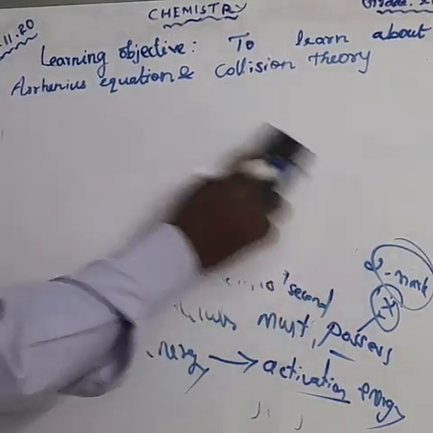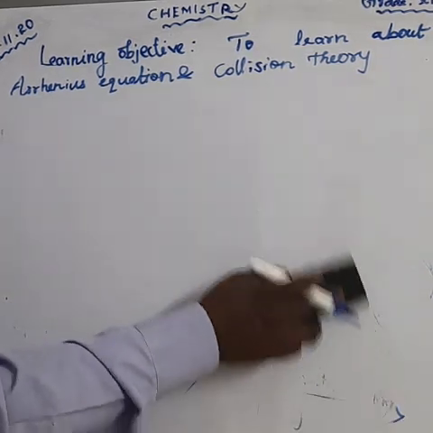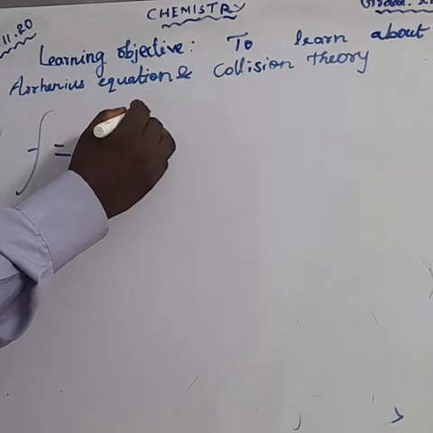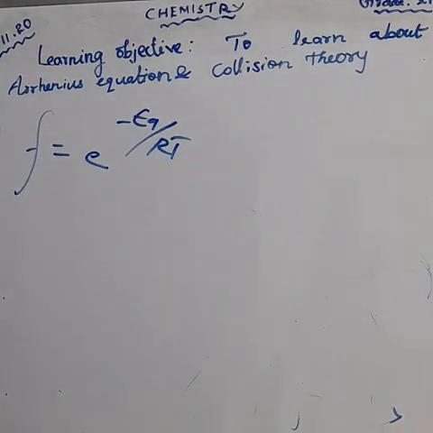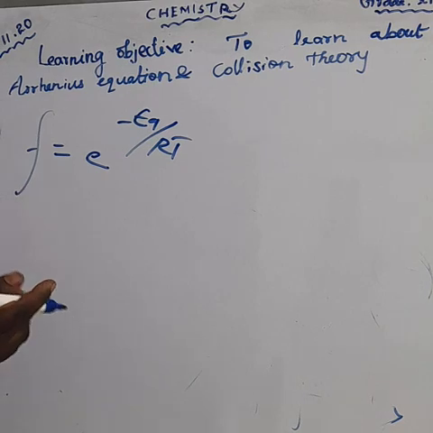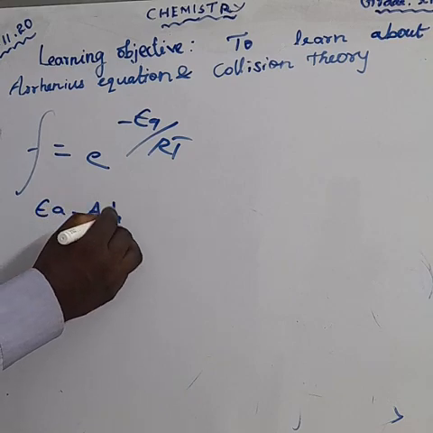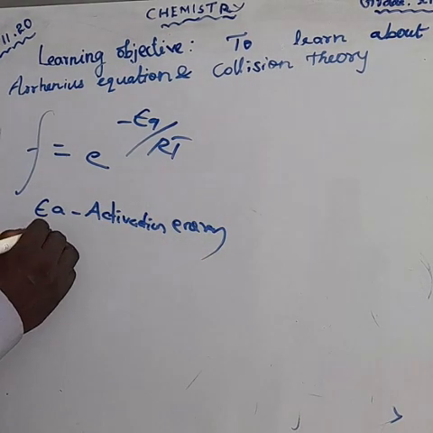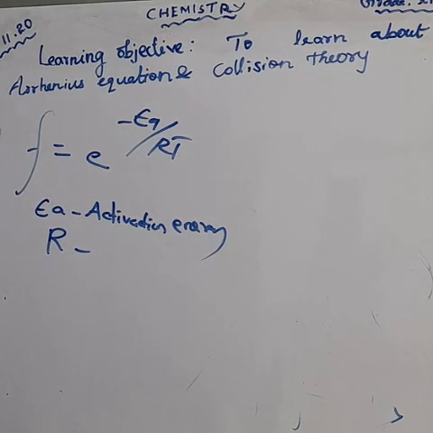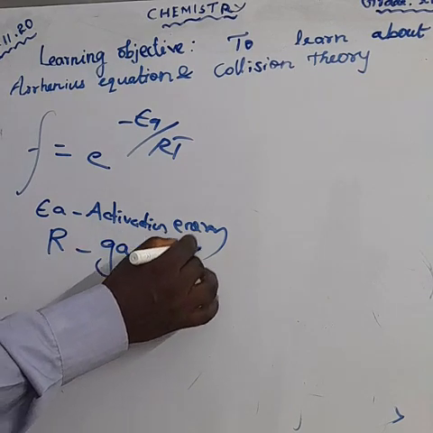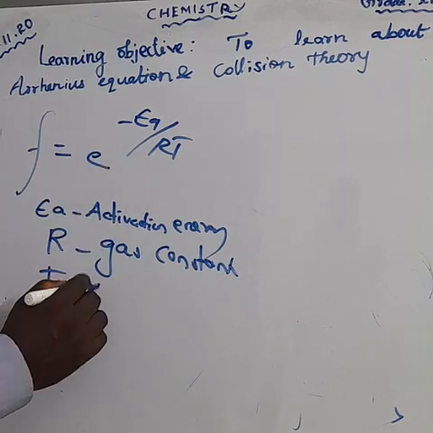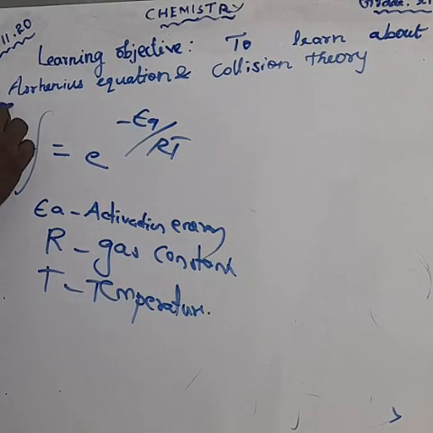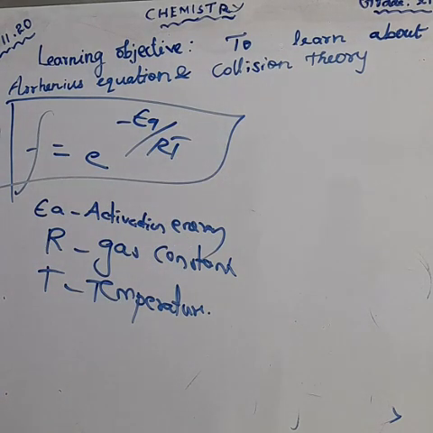For the fraction of effective collisions we use one formula: F is equal to e to the power minus Ea by RT. Here Ea is the activation energy, R is the gas constant, and T is the temperature in Kelvin. Clear?